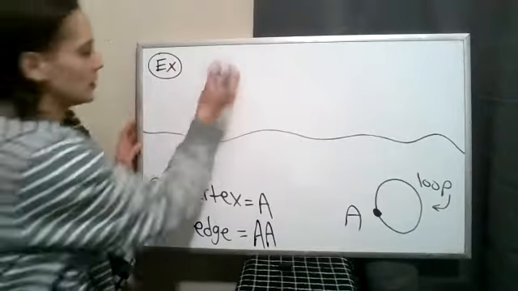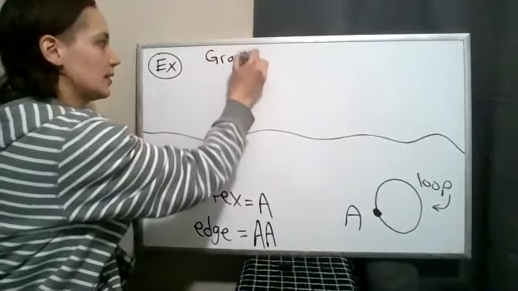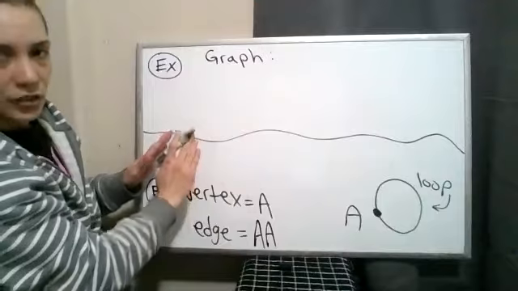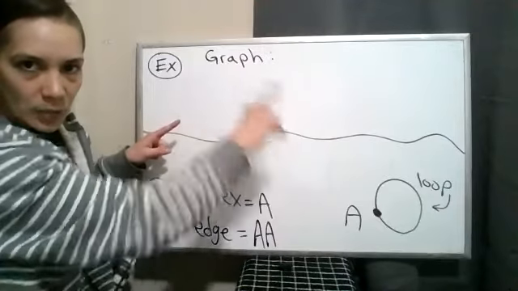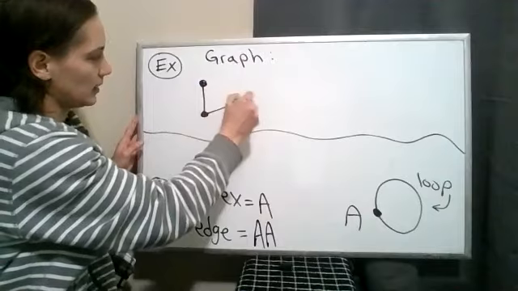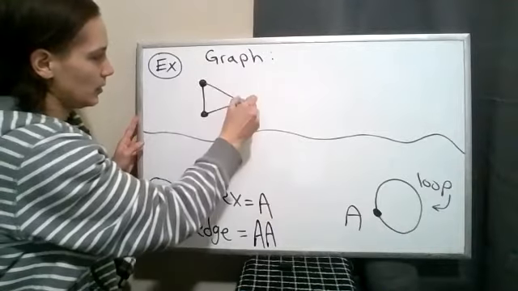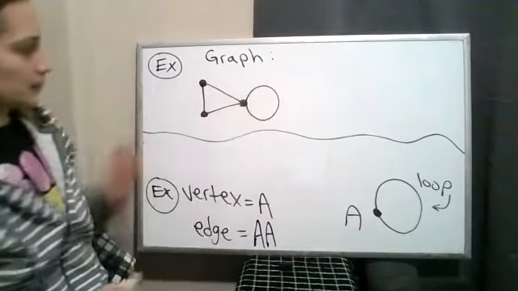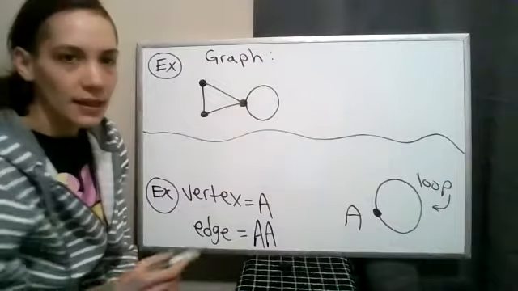So the graph is a triangle, and there's going to be a loop off the side. So here, there, back, and then we're going to loop.